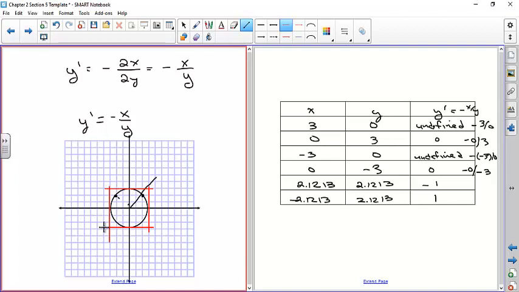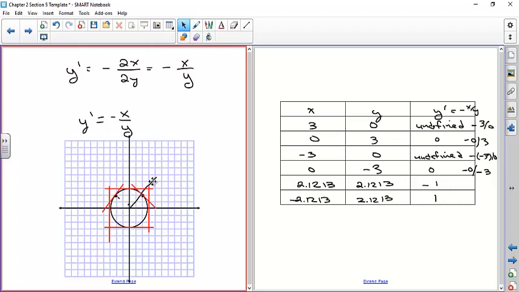And then the other 2 points on the curve, the tangent lines are going to be like this and like that. They're diagonals. So this slope here is negative 1, which makes sense. And this one is positive 1, which makes sense.